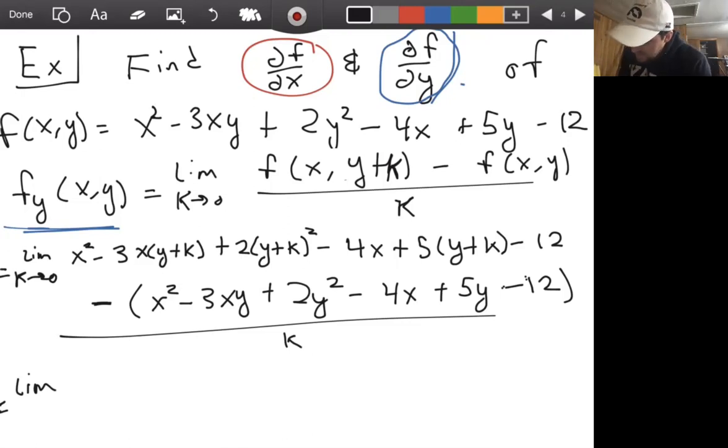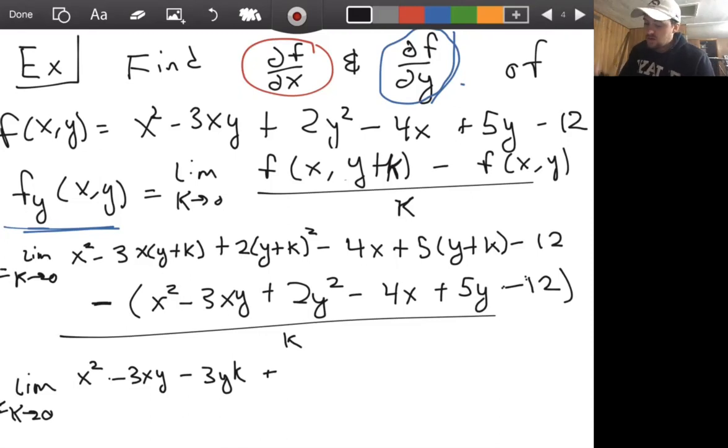So now this is the limit as k goes to 0 of x squared, and then it looks like we're going to have minus 3xy minus 3yk plus 2, and then if you expand the y plus k squared, you get y squared, so the y squared term multiplied by 2 is 2y squared, and then what's the next term?